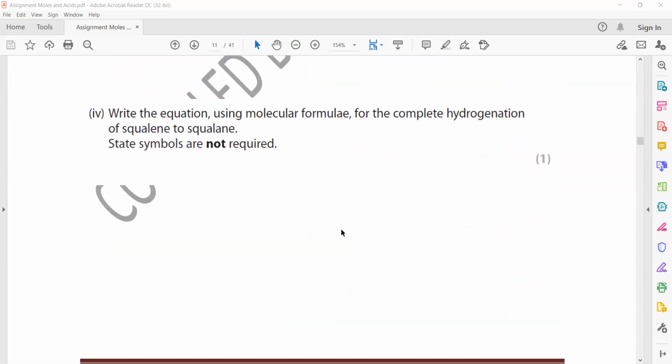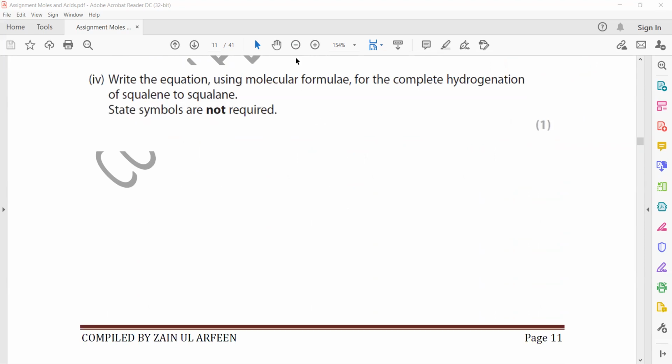Then write an equation using a molecular formula for complete hydrogenation of squalene to squalane. Squalane, we already worked out, was C30H62. One molecule of squalene was reacting with 6 moles of hydrogen, so that is 12 hydrogen atoms used here.